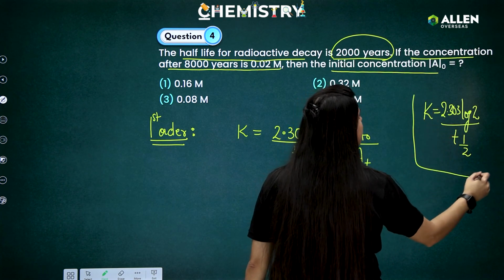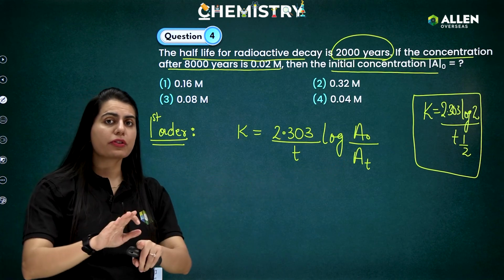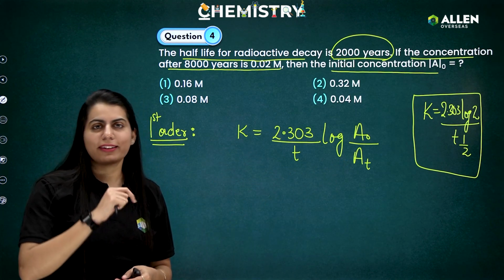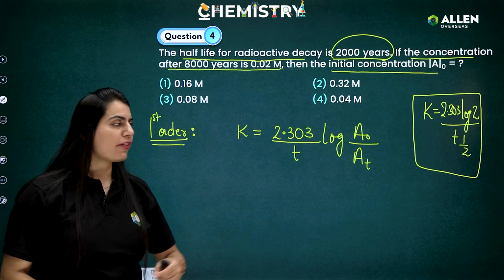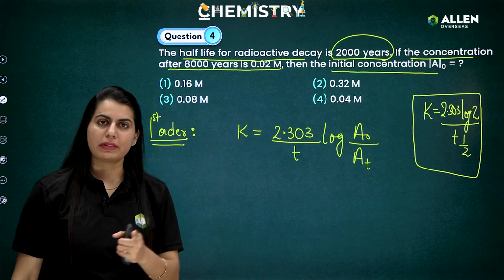So I can substitute my rate constant in this particular way. I can also write ln 2 by T half, but it's better we use 2.303 log 2 by T half, because that way 2.303 will get cancelled out by this 2.303.